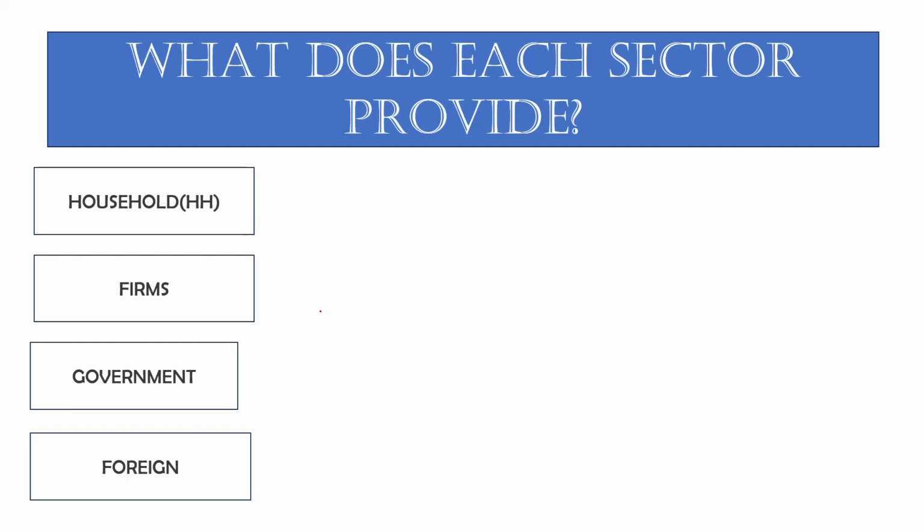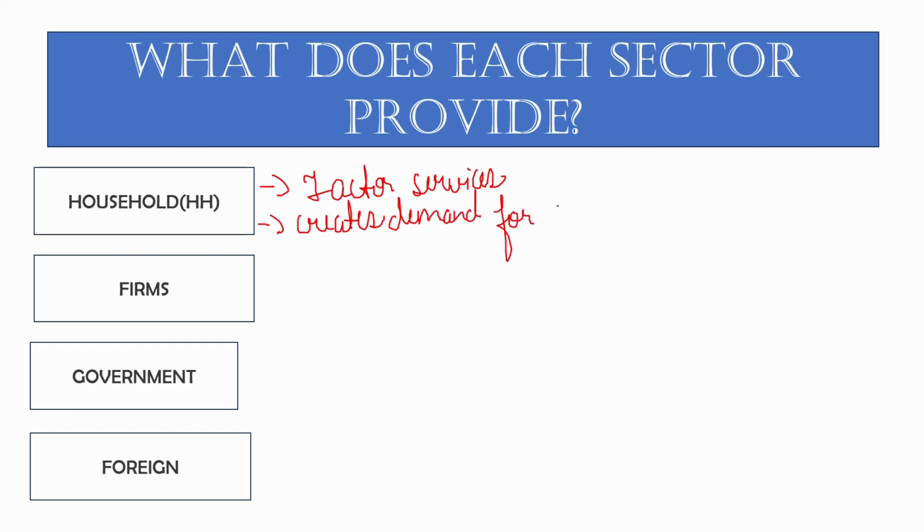Then what does each sector provide us? So household provides us with factor services, and it also creates demand for goods and services. Firms, what do they provide?